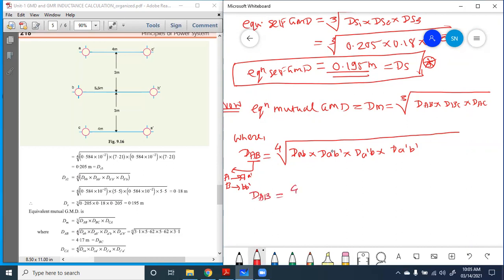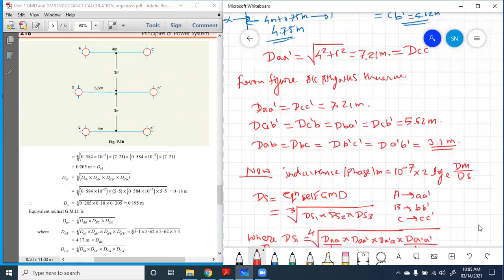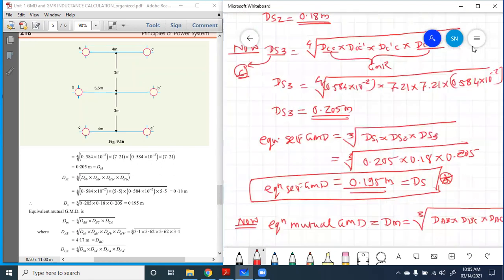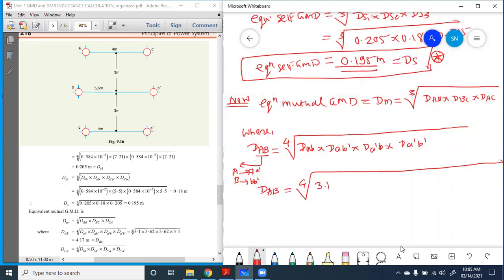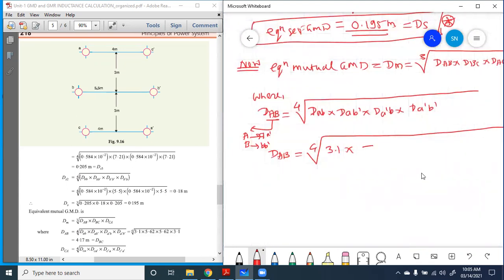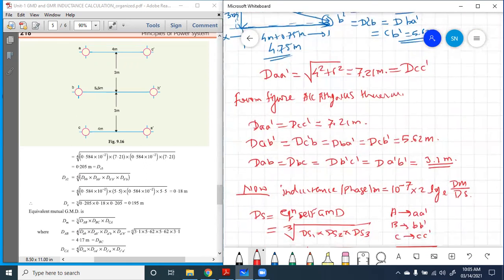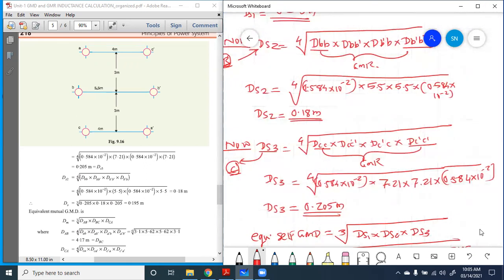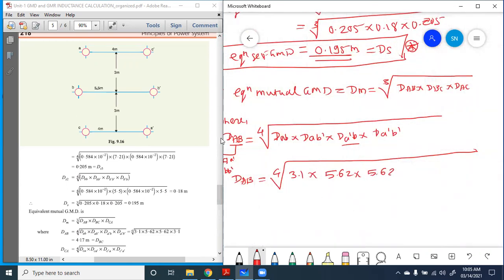Now DAB is equal to the fourth root of distance AB, which is already calculated: 3.1 meter according to Pythagoras theorem, into distance AB dash, which is 5.62, into distance A dash B, again 5.62, into distance A dash B dash, again 3.1.